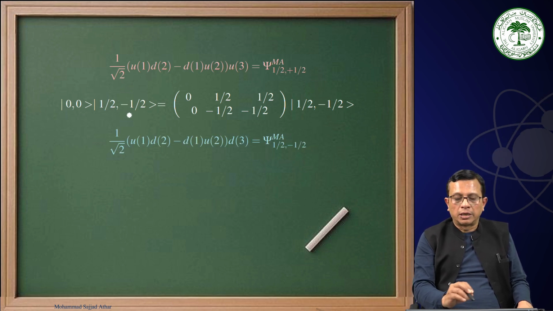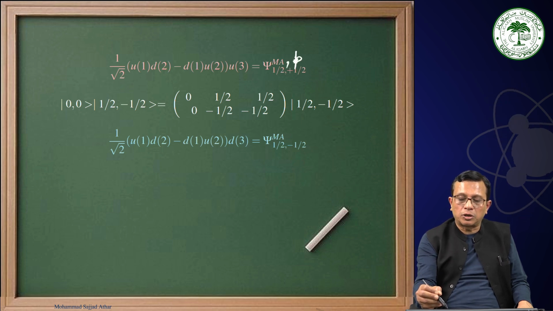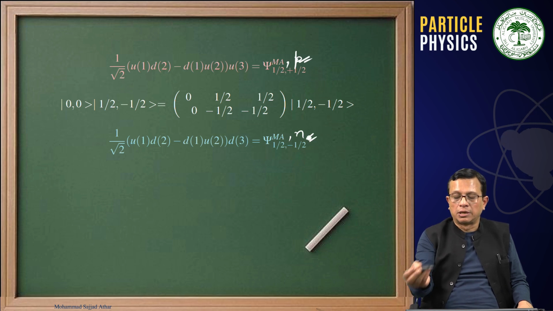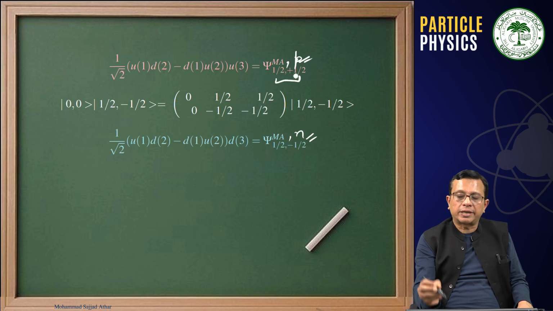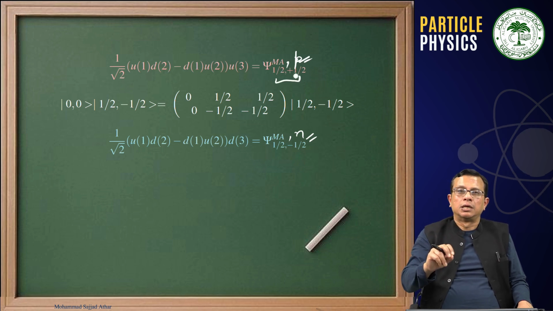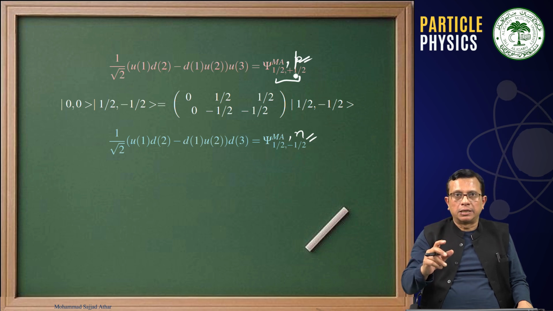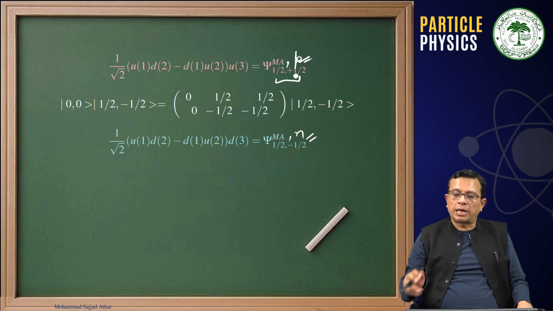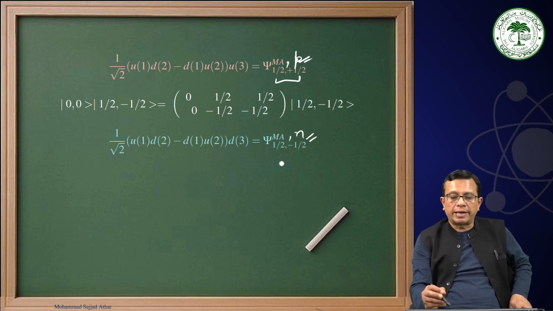For the neutron, we again get the same case. Just to make life simple, I have written proton or neutron, because we are talking about 3 non-strange quarks, u and d, and these 3 non-strange quarks are making a baryon, which can have only isotopic spin half with projection plus half, or isotopic spin half with projection minus half.